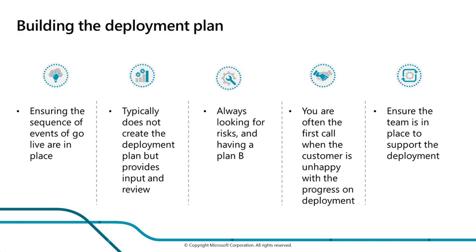You are often the first call when the customer is unhappy with the progress of deployment. So think about the support. Maybe you want to contact the support team and ensure that the customers will not call them directly, but will be able to connect with you directly during the deployment, or maybe with the team. And the last, ensure the team is in place to support the deployment. So that's what I was talking about.